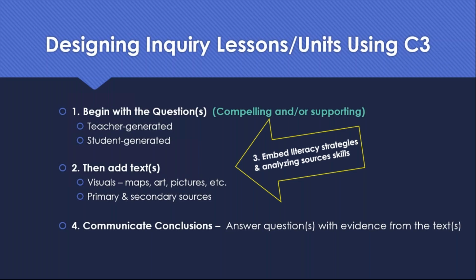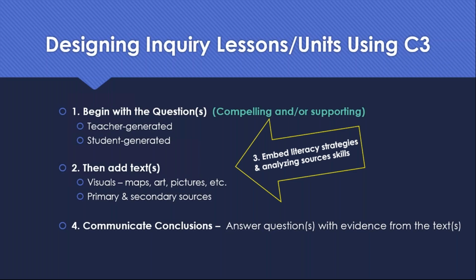So then the second part is then you got to add text. And I'm going to use that word text with the literacy focus in disciplinary literacy and social studies is all about a variety of text. Those could be primary or secondary sources, and you will mention that in your chat feature. They could also be visuals. So it doesn't have to be a written text. It could be a map.